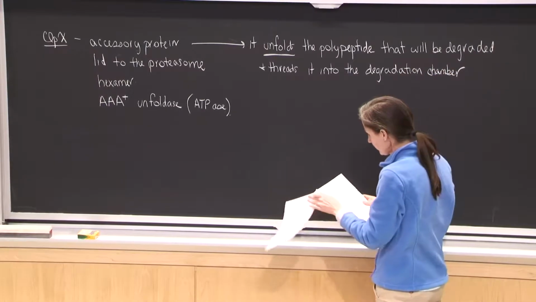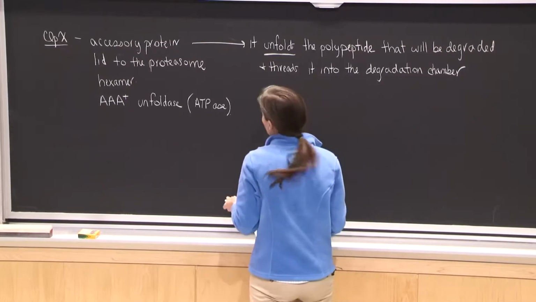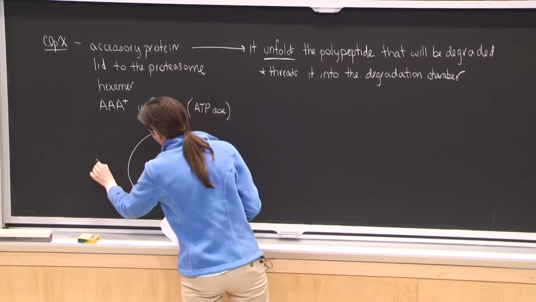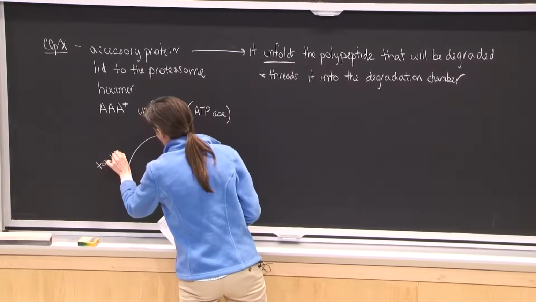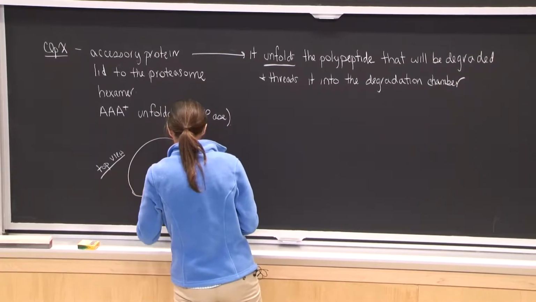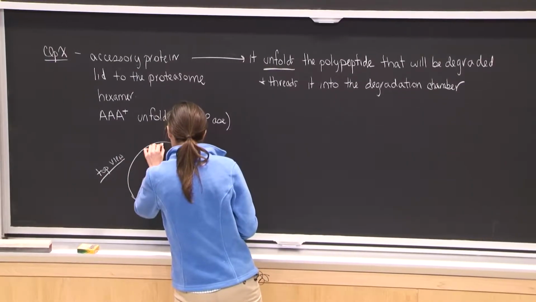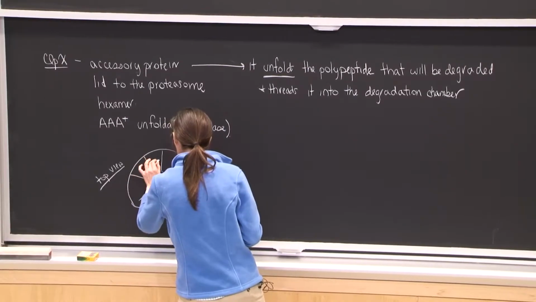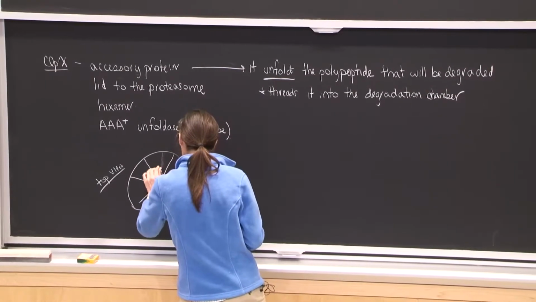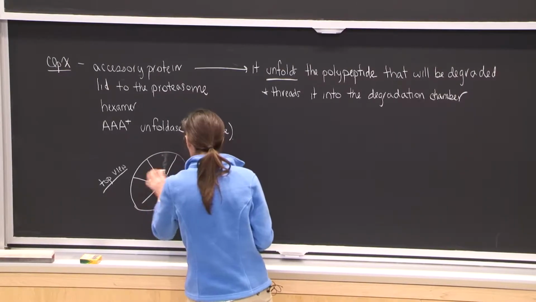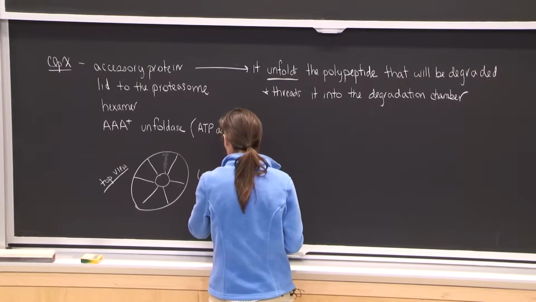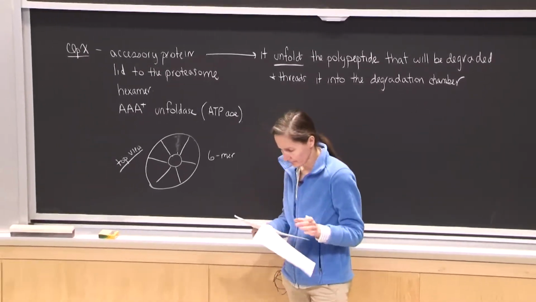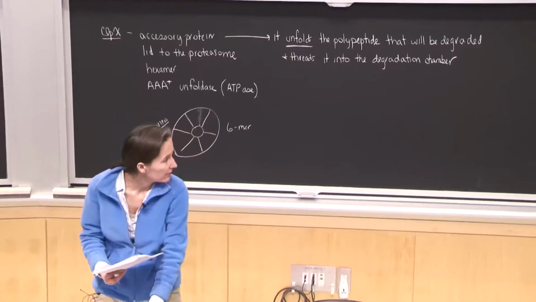And if we look at ClpX from a top view, again, we have a hole, and we have a 6-mer here.